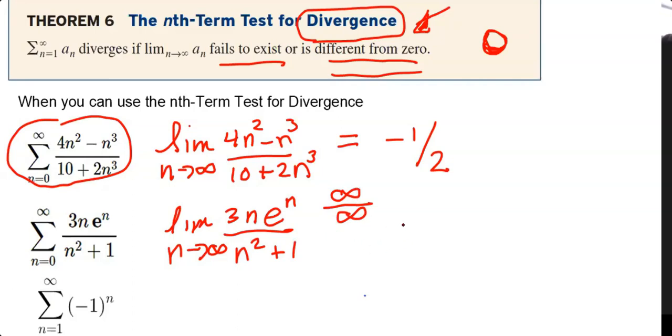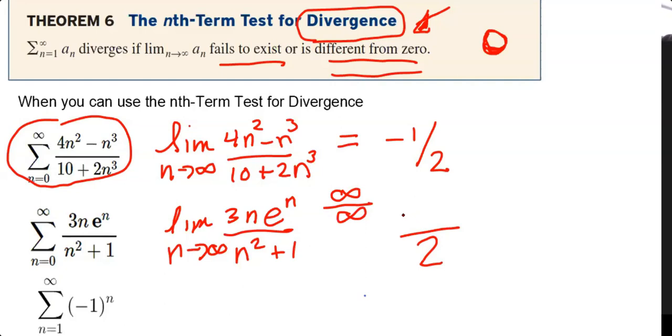Without doing it all the way through, what is the denominator going to eventually get to if we take multiple derivatives? 2. Exactly. And the numerator is always going to have an e to the n in it.